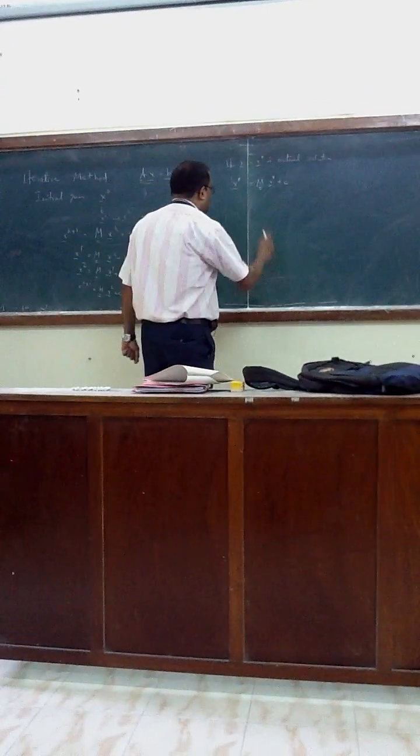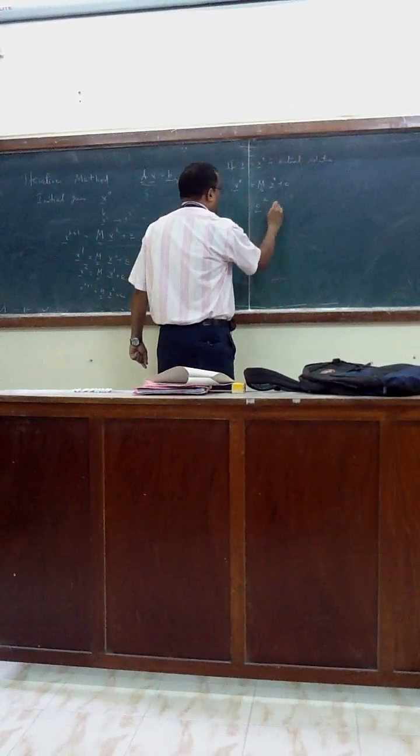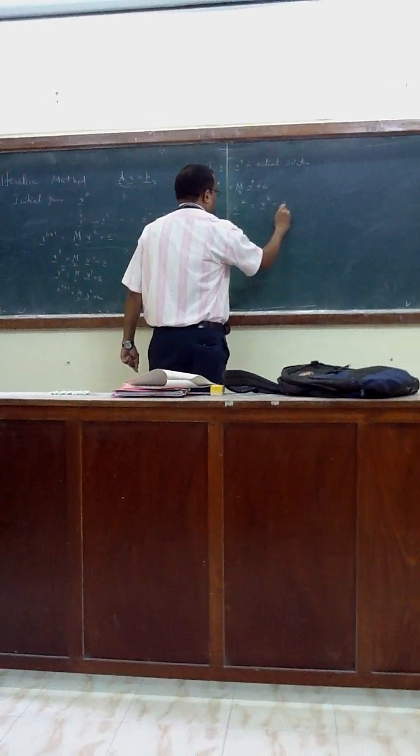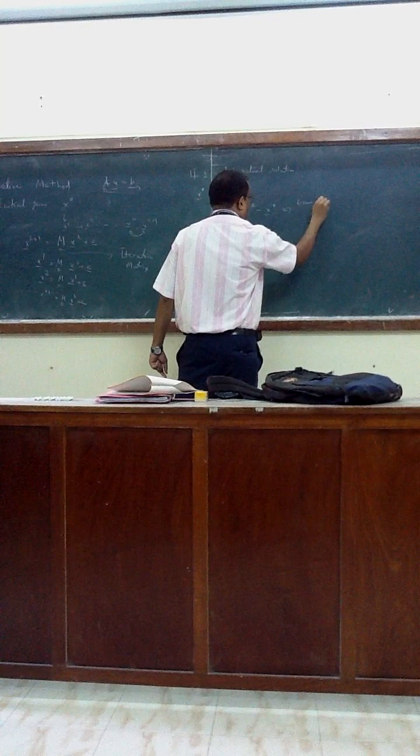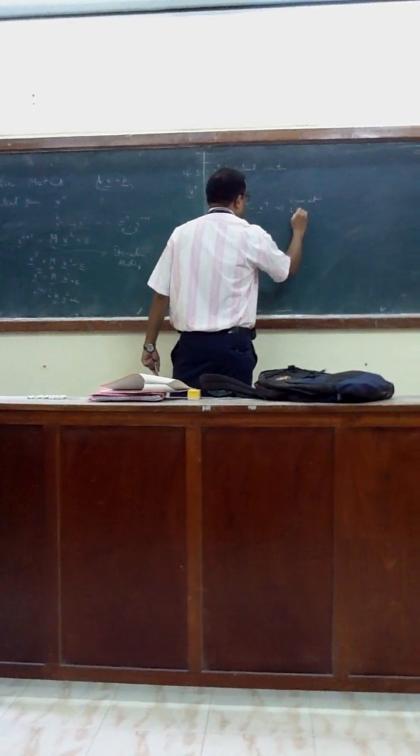Now it is possible to define ek, which is xk minus x star, and that is called the error at the kth step.